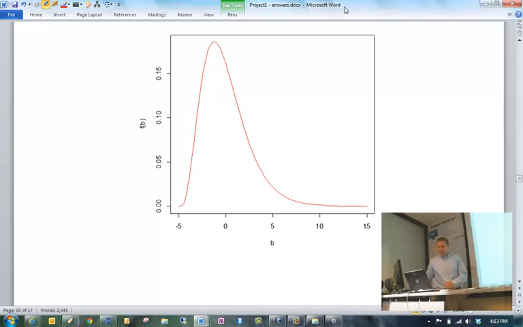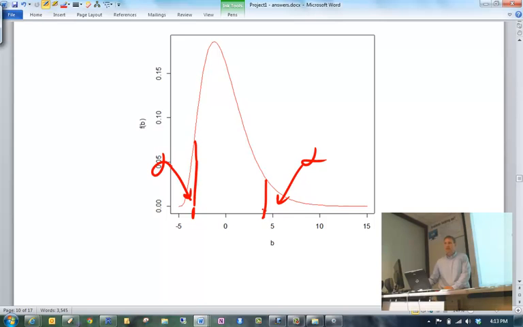Okay. Now remember, the whole purpose of us doing this is that we want to find quantiles from our distribution. So we want alpha there, we want alpha there. We want to know what numbers on this x-axis gives us that.